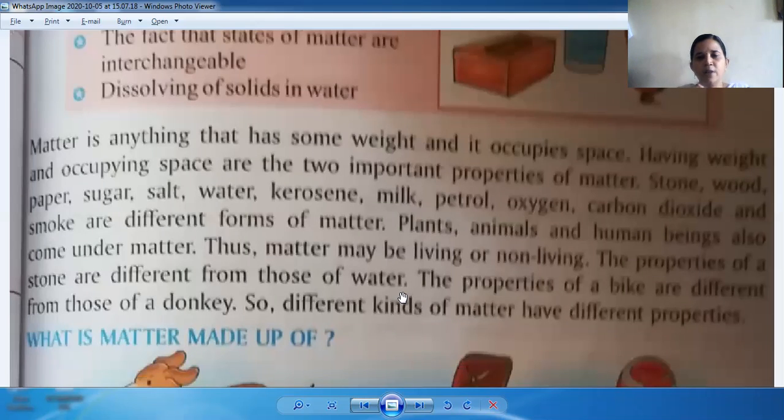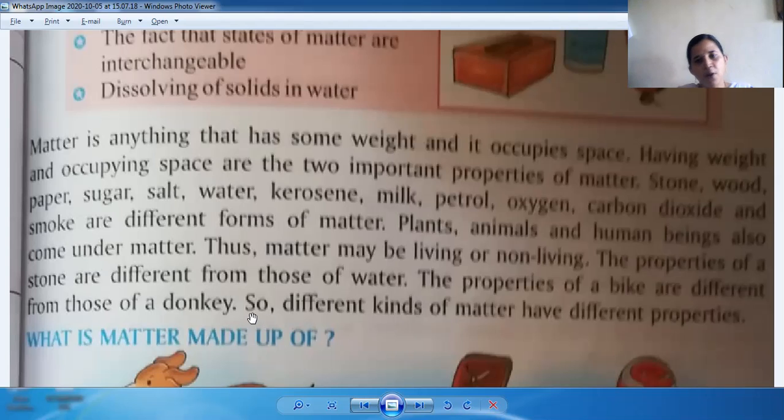By seeing what things present in it can you recognize it as a liquid? And by seeing what qualities can you determine it is a gas? They are called the properties. The properties of a bike are different from those of a donkey. So different kinds of matter have different properties.